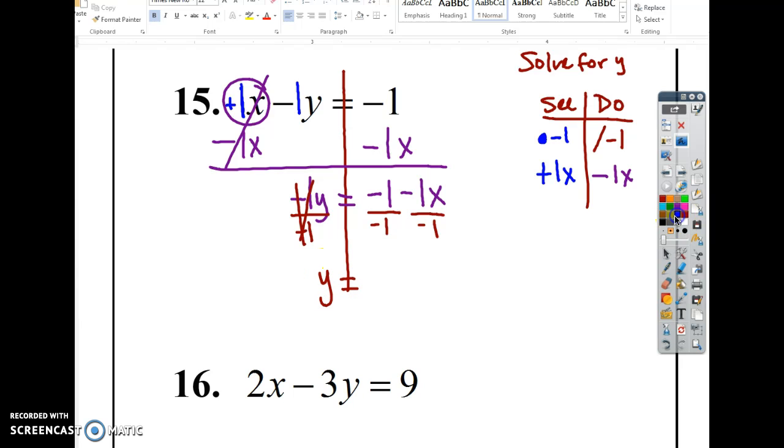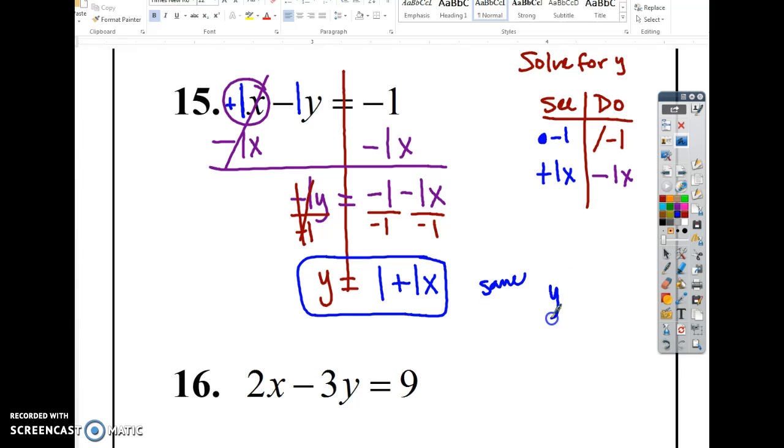Now, you need to know that -1 divided by -1 in the calculator will give you a +1. And again, -1 divided by -1 gives you a +1, and don't forget your x, which is the same thing as y equals 1 plus x. Okay, same thing.